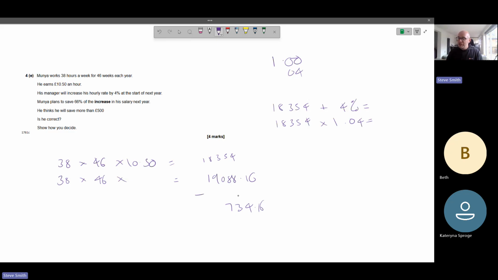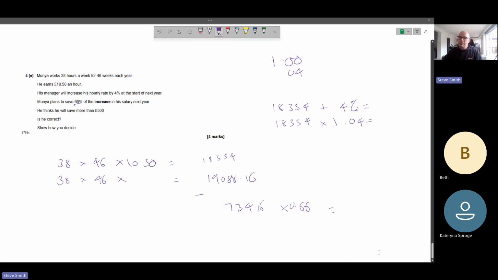So we want to know what 66% of £734.16 is. So we're going to just multiply it by the equivalent decimal of 66%. So it's not percentage, we just put a 0 there, or 0.0. So we're going to just times it by 0.66 to get 66%.